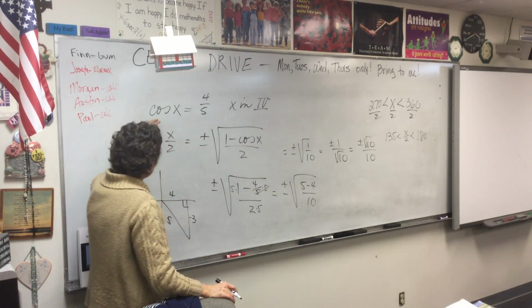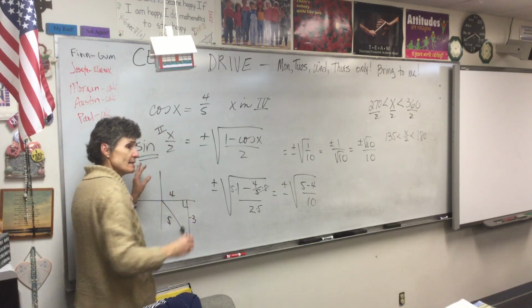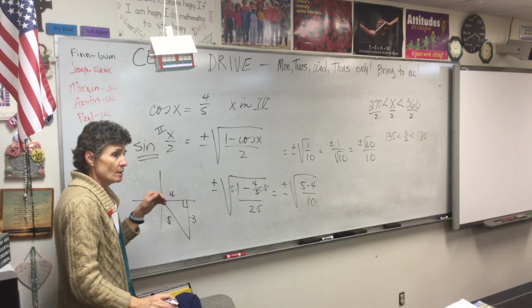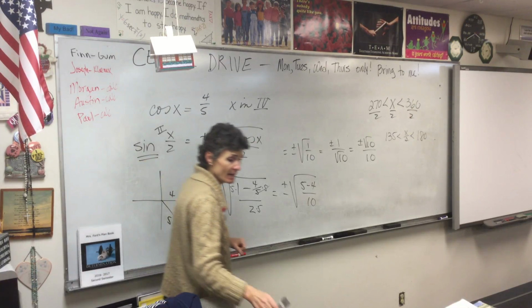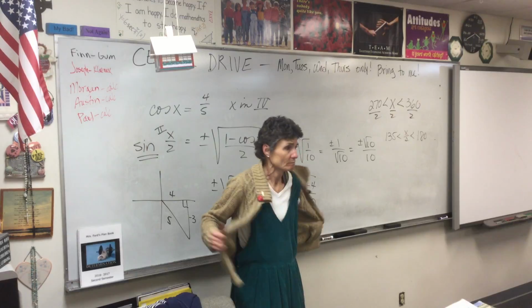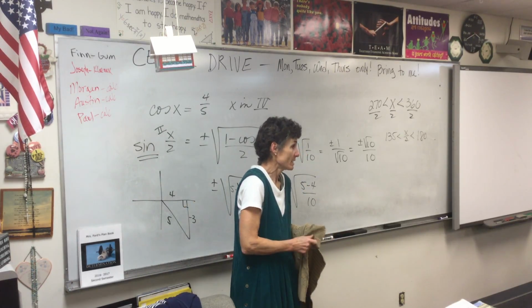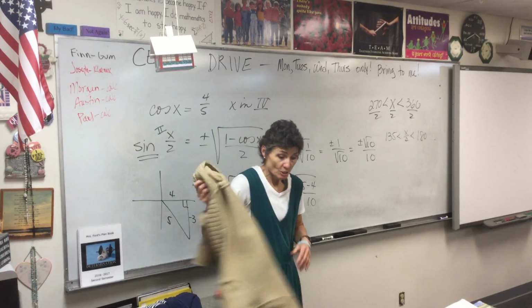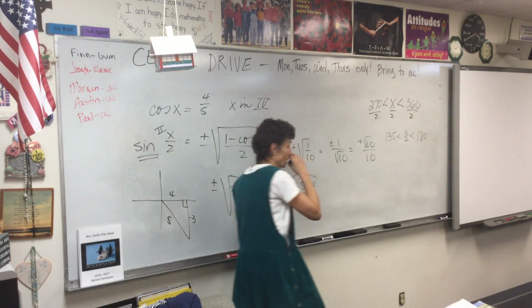You are looking for a sine of an angle that is in quadrant 2. What can you tell me about the sine of an angle in quadrant 2? It's positive. Sine is y, and y is positive in quadrant 2. So I'm going to choose the positive root.